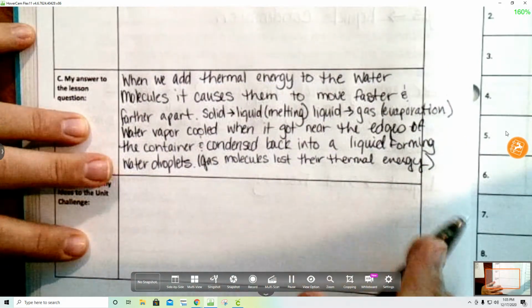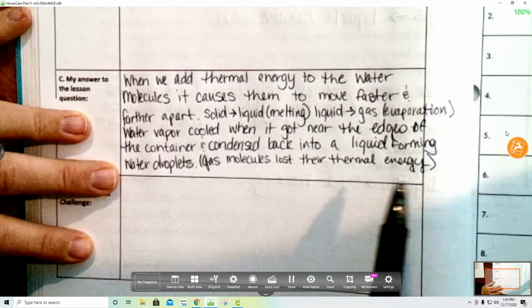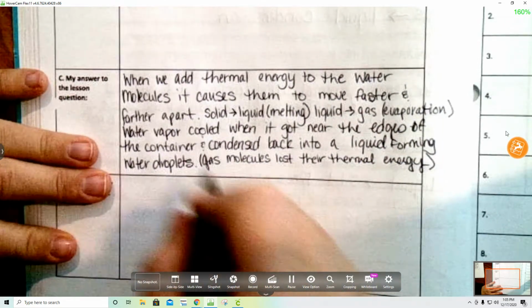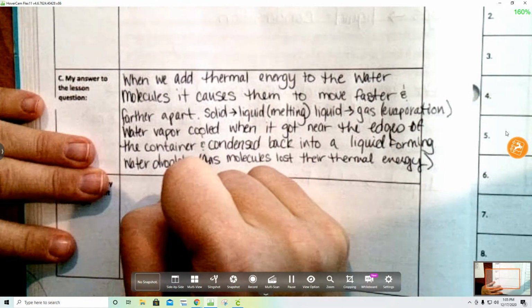Okay. And then when gas molecules lose their thermal energy, we know a gas to a liquid is condensation, and a liquid to a solid is freezing.